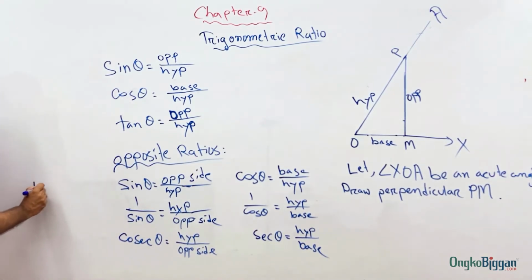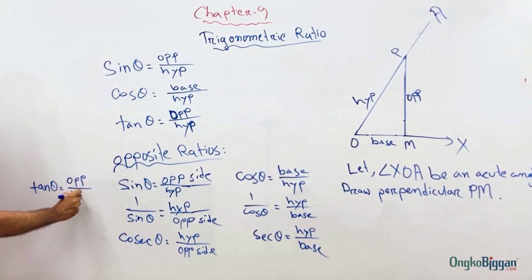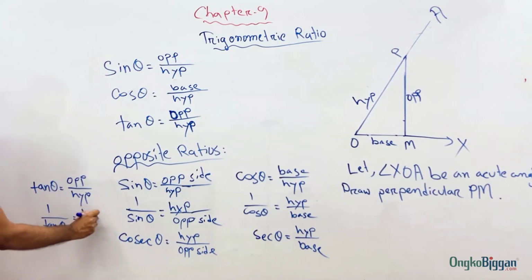Now another one we need to look at is tan theta. Tan theta is opposite by base. So what would be 1 by tan theta? The opposite of it would be base by opposite side, just the reverse, like I've done for the other two.